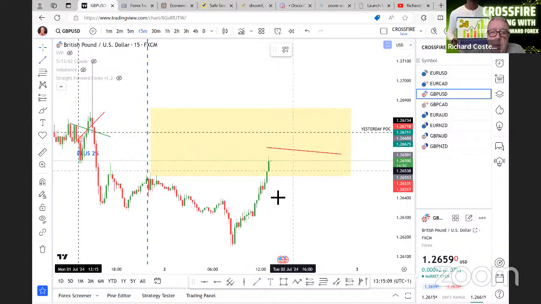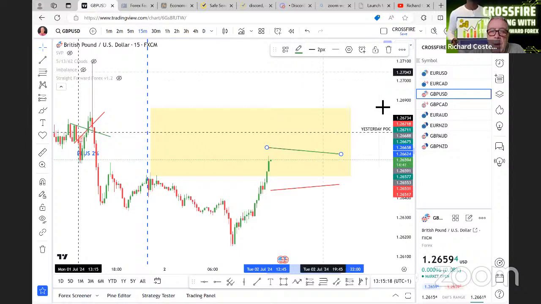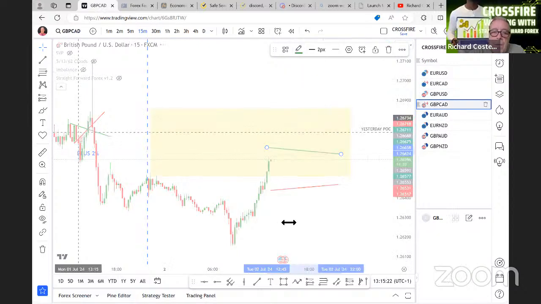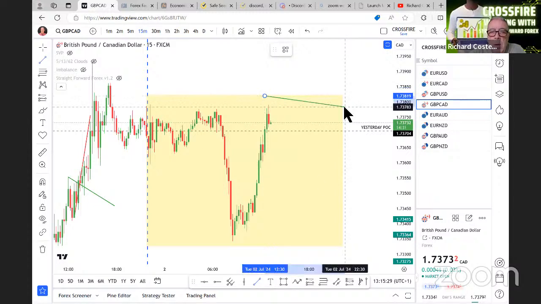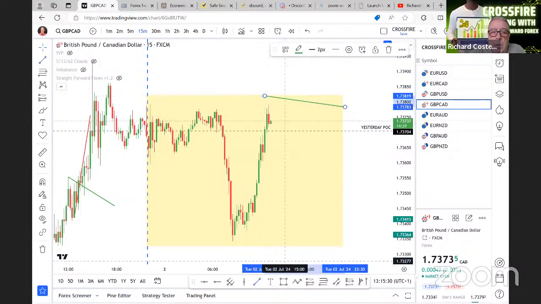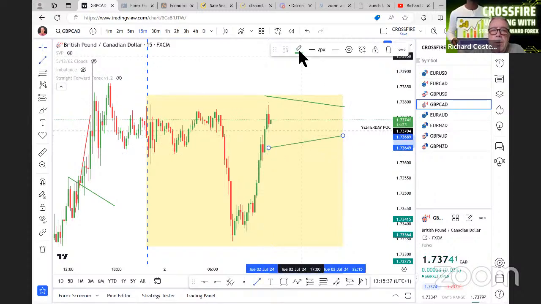So there's one below, and there's one above. We'll change that to green. And the last pair is your GBP CAD. So I'm going to put one above and one below, and make that red.